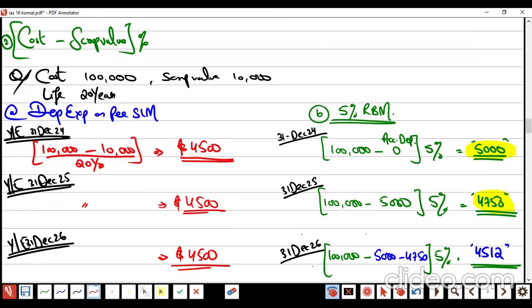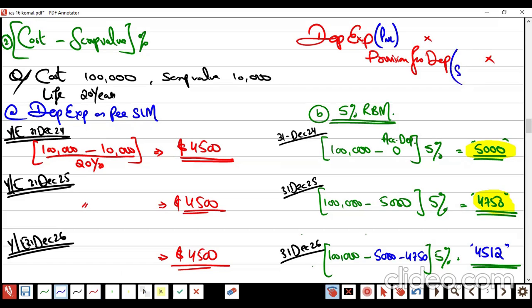FA. The accounting entry of depreciation is: depreciation expense debit, provision for depreciation credit. Am I right? Yeah. Depreciation expense is an expense, so it's going to be in profit and loss, SOCI, right?